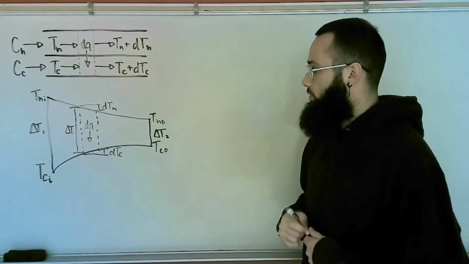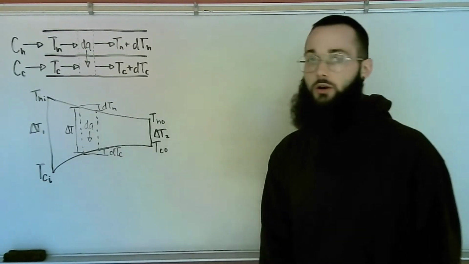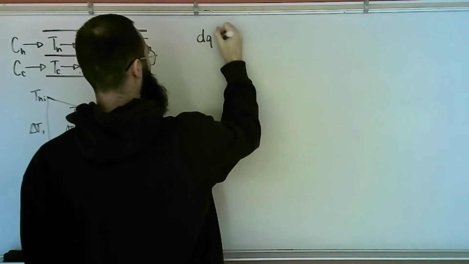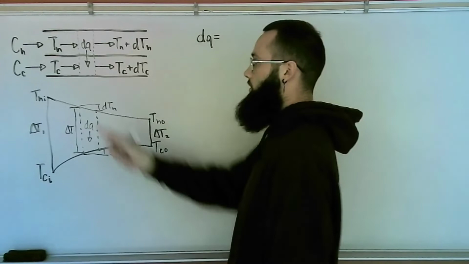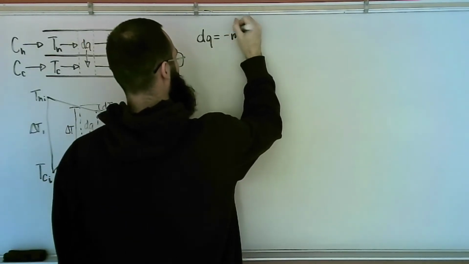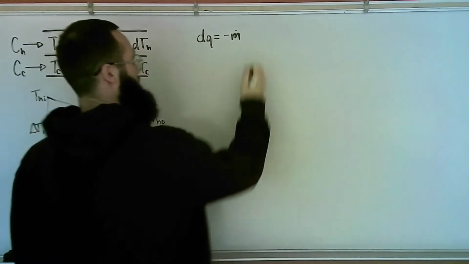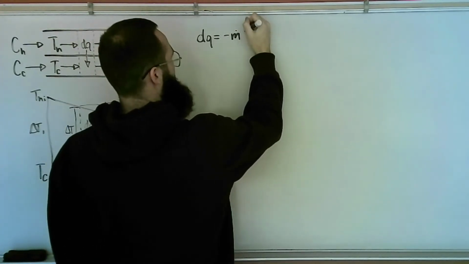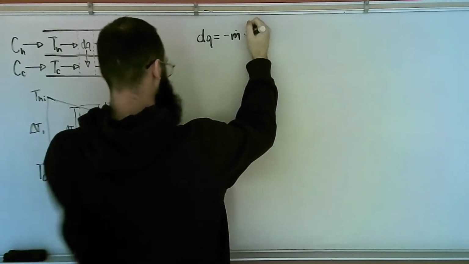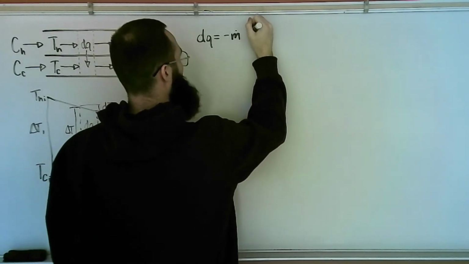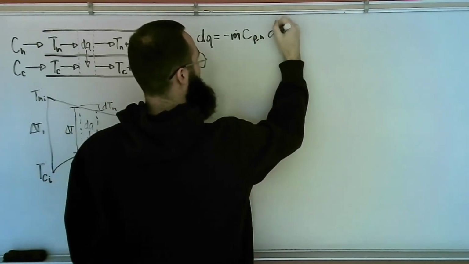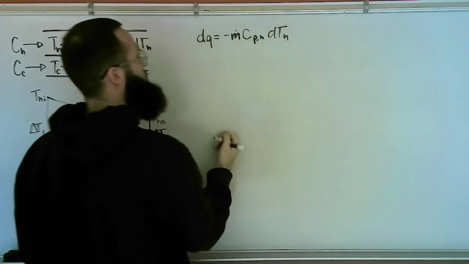So basically what we want to do is describe equations for this dQ for both streams. For the hot stream, we know that it's going to be losing heat, so we're going to have a negative. And it's going to be the mass flow rate times the heat capacity of the hot stream times dTH.